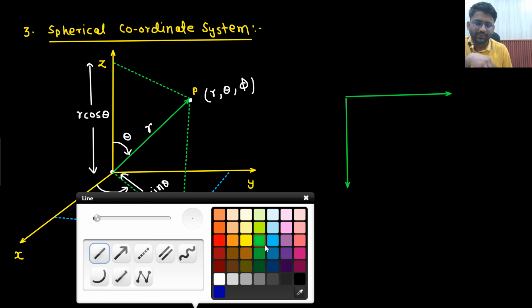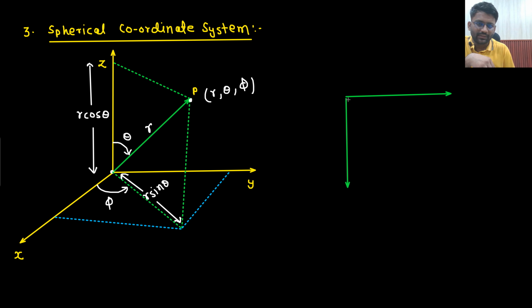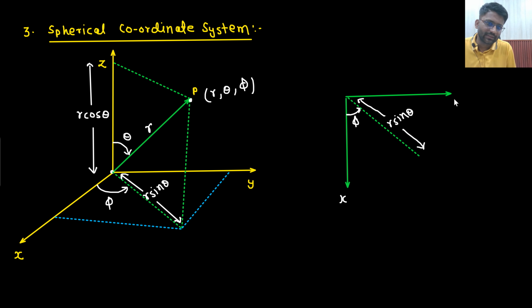And one distance we have got, which is r sin theta, making an angle of phi. This is the x-axis, this is the y-axis, right?